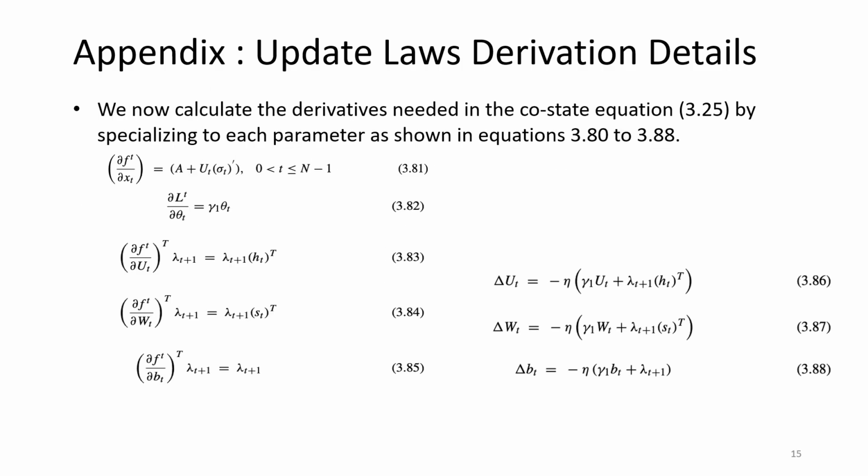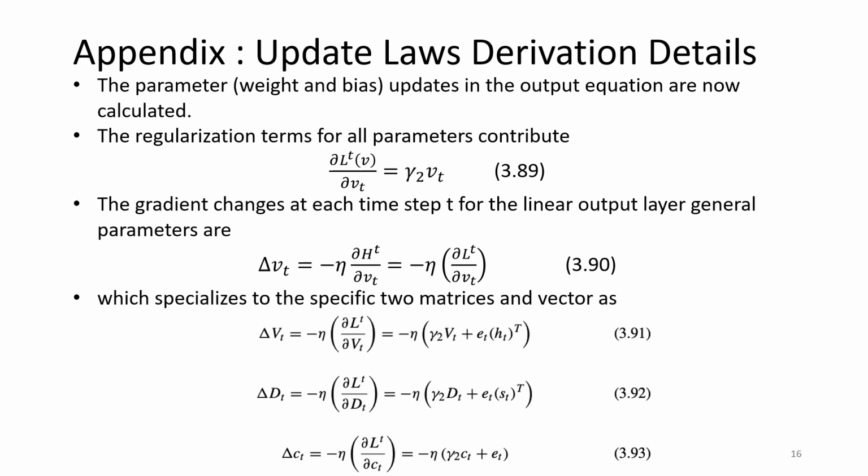We can now calculate the derivatives needed in the cost-state equation 3.25, and in the gradient descent parameter update equations 3.26 and 3.27, specialized to each parameter. For each parameter, the derivatives of all of them are given in equations 3.81 to 3.88. The parameter, weight and bias, updates in the output equation are now calculated.